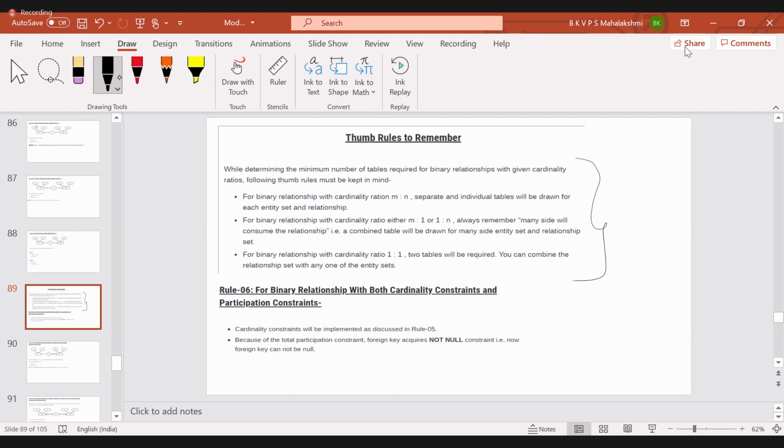For the different types of attributes and the different cardinality ratios, now we have to look at the participation constraints. If total participation exists, how do we have to convert? If partial participation exists, how do we have to convert it into tables? That we have to learn.